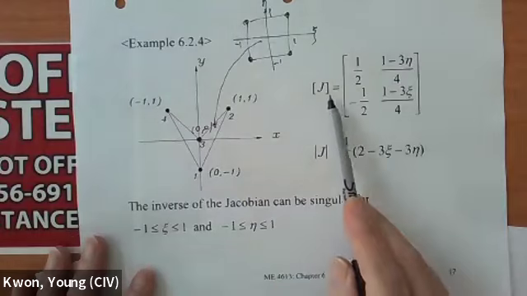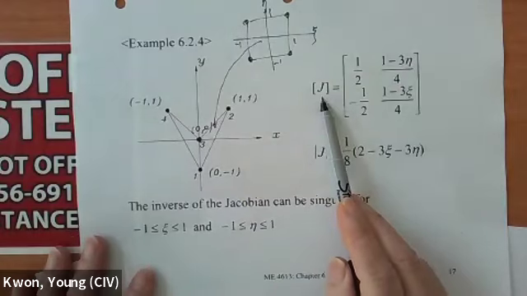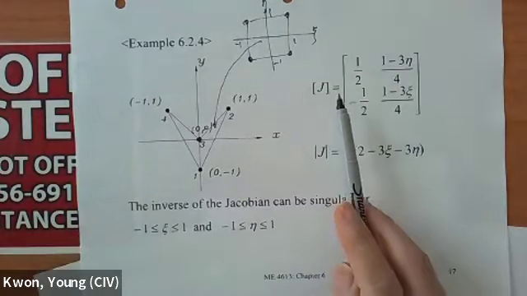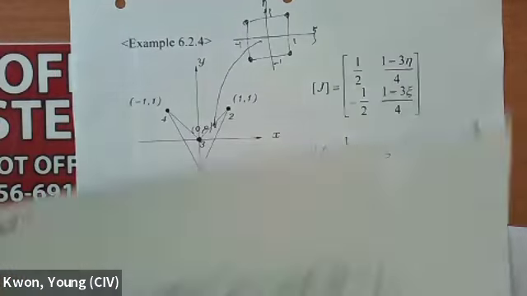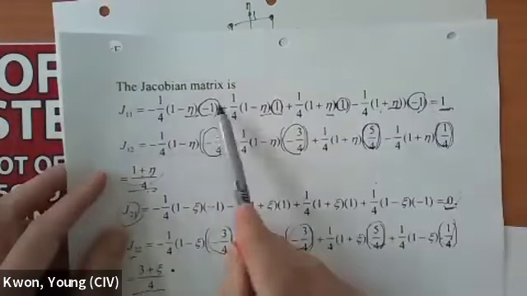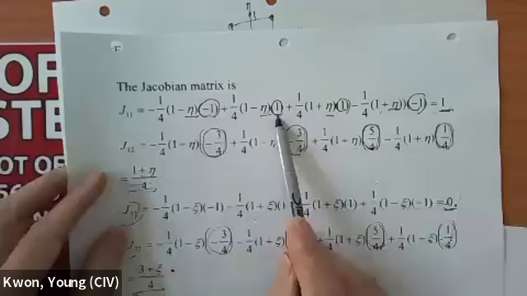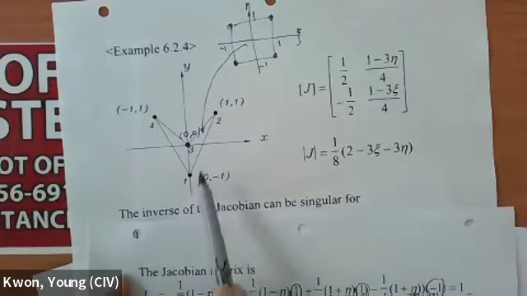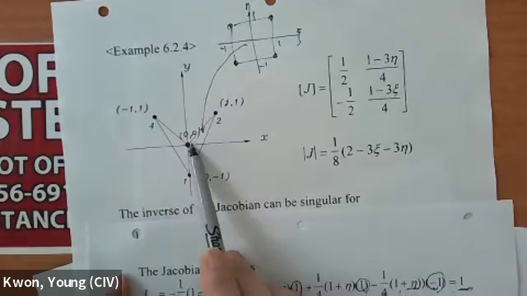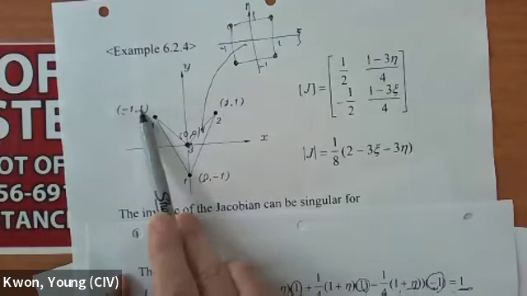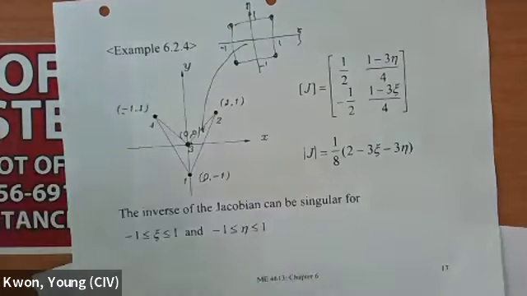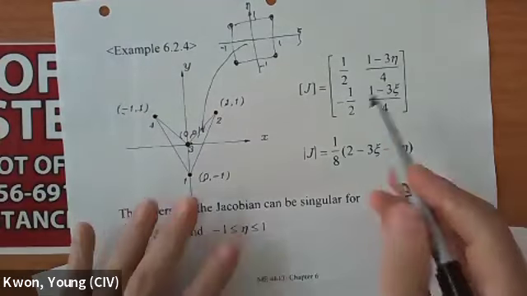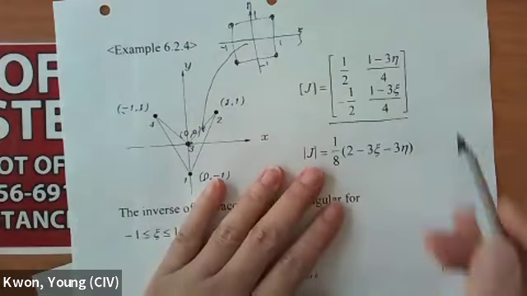Then, if you trust me, we are doing exactly the same thing as before, except that now x1, x2, x3, x4 are different: x1 is going to be 0, x1 is going to be 1, x3 is going to be 0, x2 is going to be -1. Plugging in here, you come up with this Jacobian matrix.